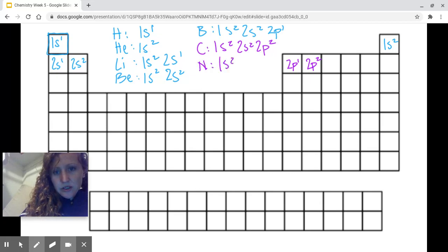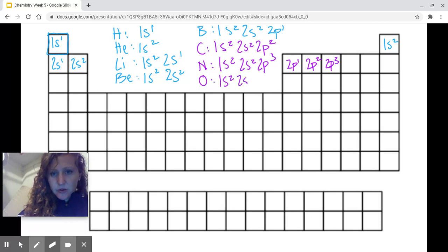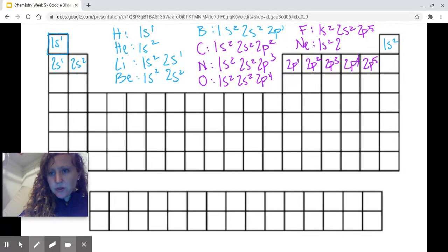Nitrogen, 1s2, 2s2, 2p3. Oxygen comes next, 1s2, 2s2, 2p4. Fluorine comes next, 1s2, 2s2, 2p5. And then we get to neon, 1s2, 2s2, 2p6.